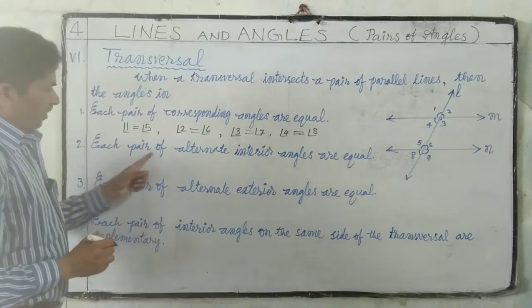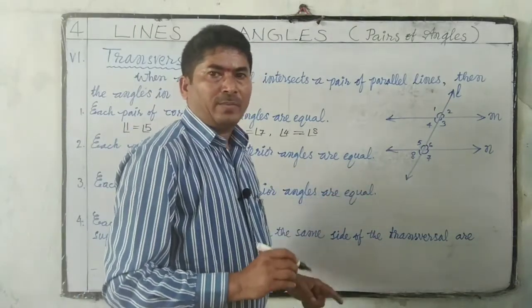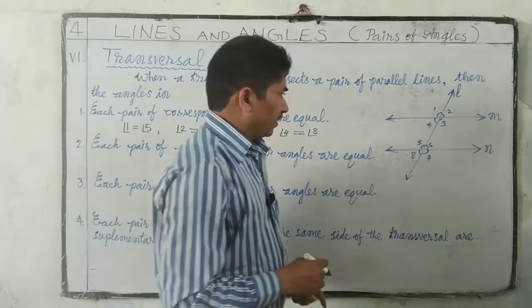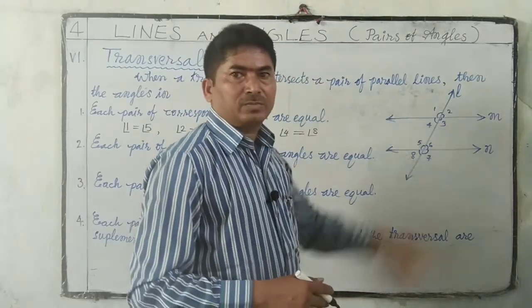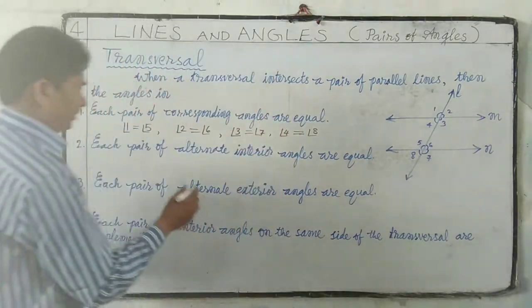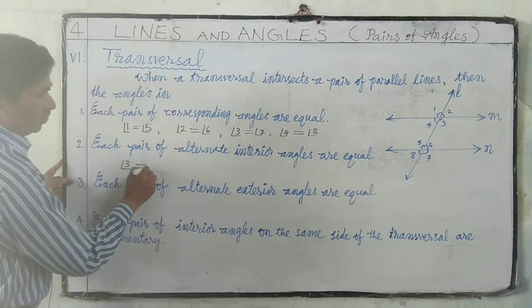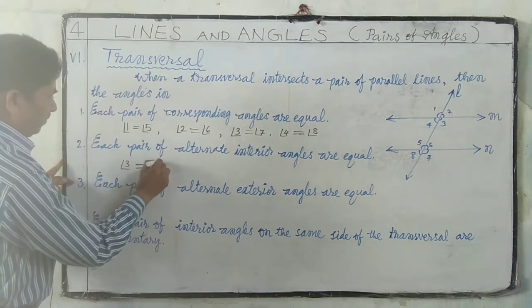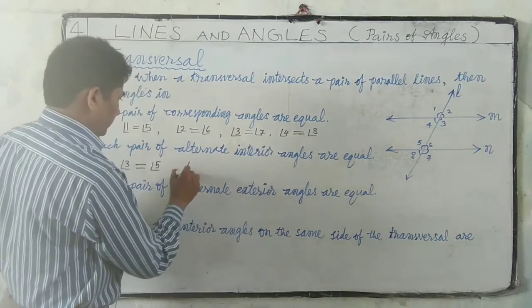Second one, each pair of alternate interior angles are equal. Alternate interior angles 3, 5, 4, 6 are equal. Angle 3 is equal to angle 5, and angle 4 is equal to angle 6.